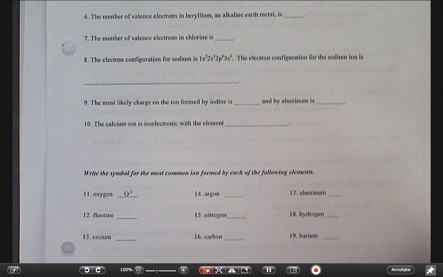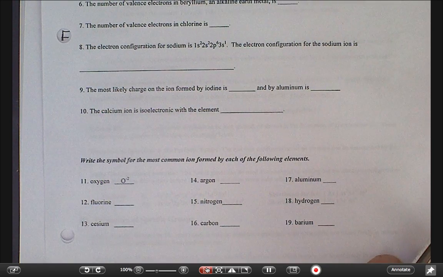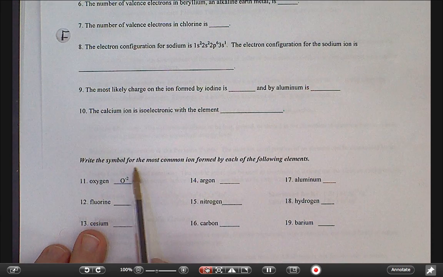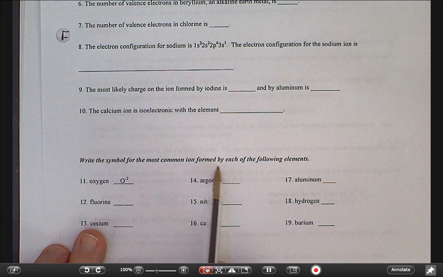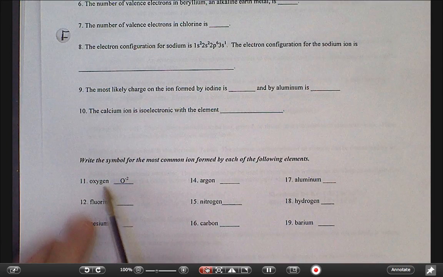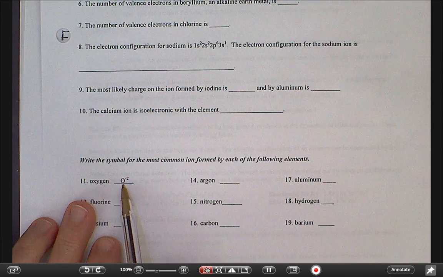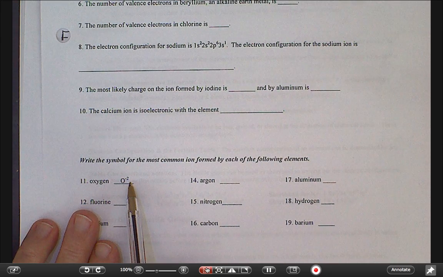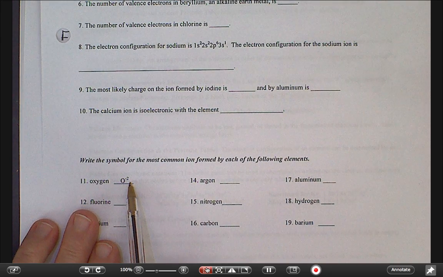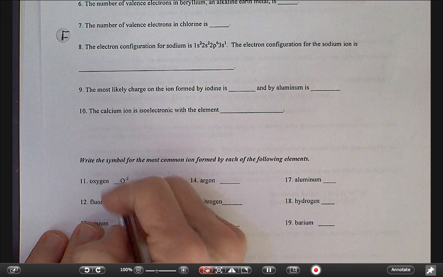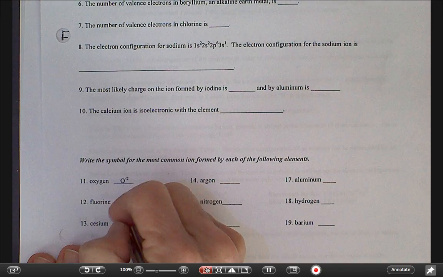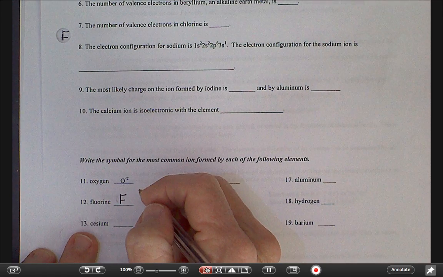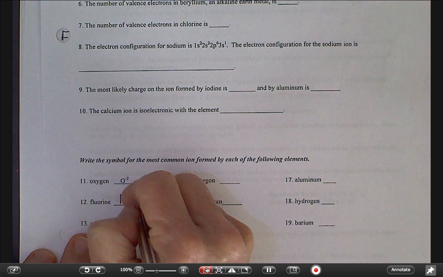Now then, I want to look at this part down here. They want us to write the symbol for the most common ion formed by each of the following elements. So oxygen, its symbol is O, and its ionic charge for group 6 is a -2. Fluorine, symbol is F. Its ionic charge for group 7 is a -1.